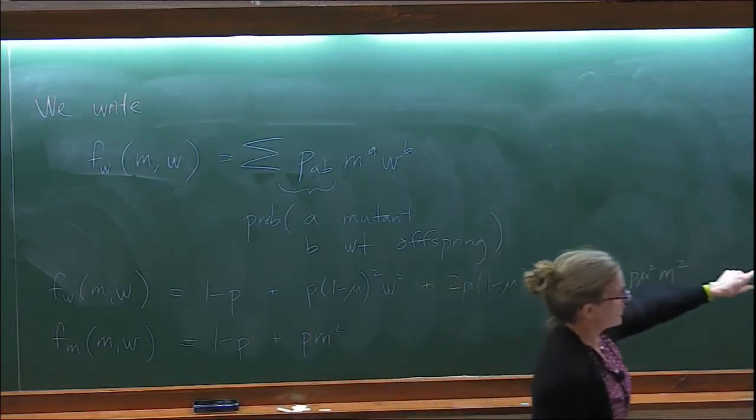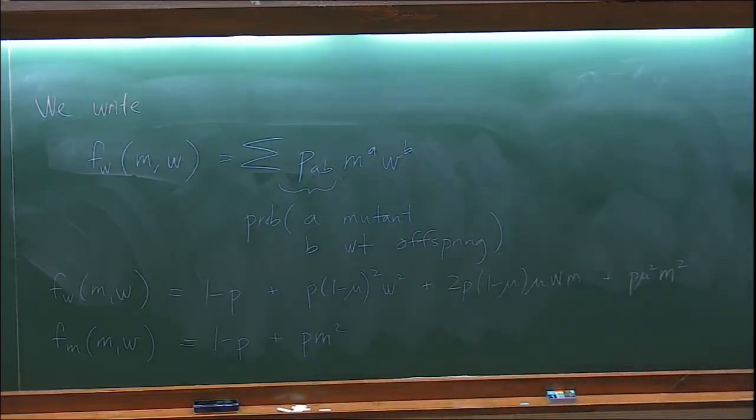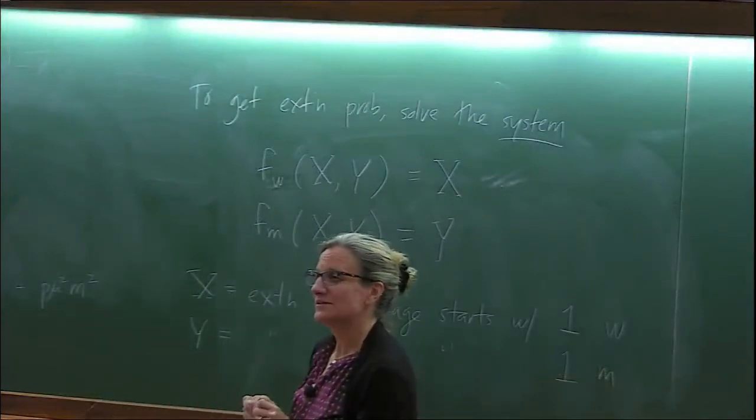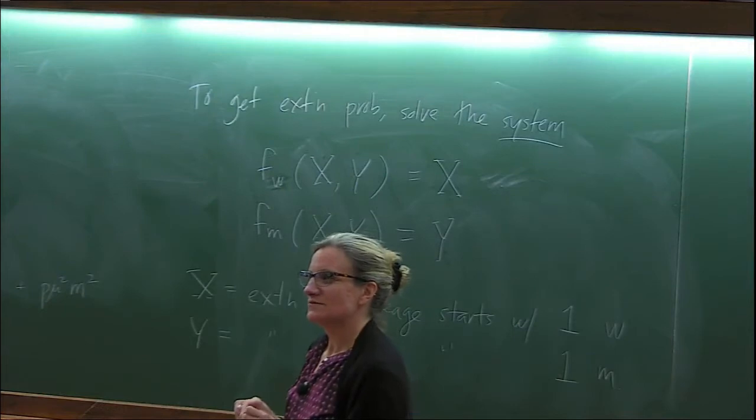I've done this a lot, so applications for this. Can you think of applications for multi-type branching process? So you want something where a couple different steps might be required. So offspring of different types.